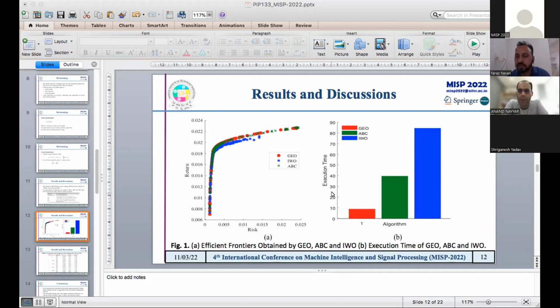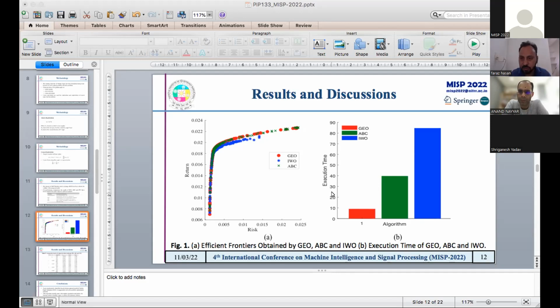Okay. And how did you validate your results? We have the standard frontier here, and we have ABC and IWO. These are recently proposed algorithms, and other researchers also justify their results on these algorithms.